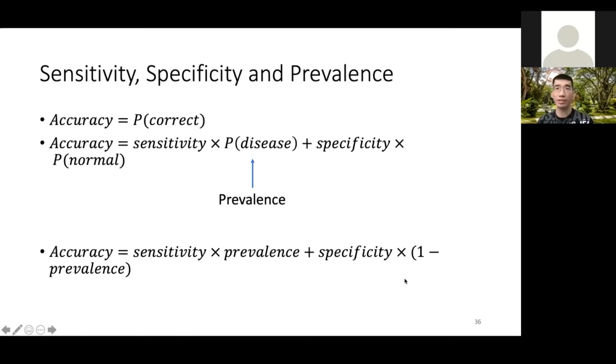This equation allows us to see accuracy as a weighted average of sensitivity and specificity. The weight associated with sensitivity is the prevalence, while the weight associated with specificity is 1 minus the prevalence. This equation also allows us to find any of these quantities given the other three, right?